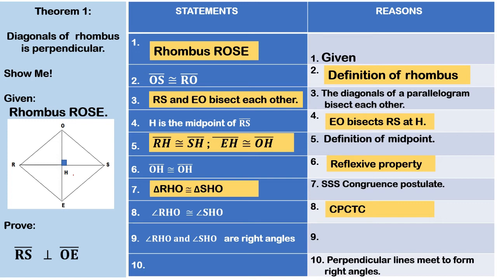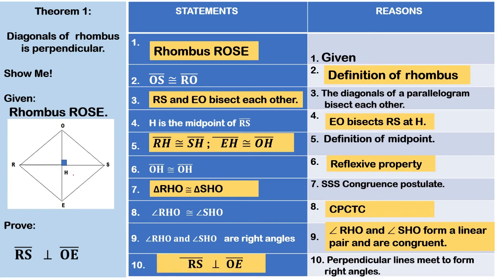Because angle RHO and angle SHO form a linear pair and are congruent. What should be the last statement if perpendicular lines meet to form right angles? So, we could state that RS is perpendicular to OE, since RS and OE are the two diagonals that meet at point H. These two diagonals form right angles as they bisect each other.